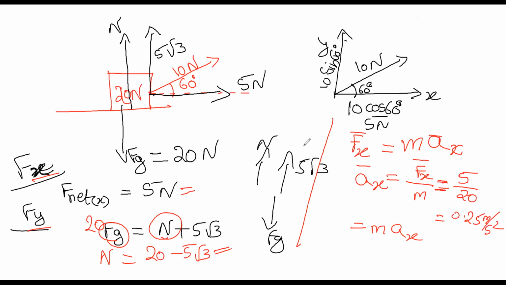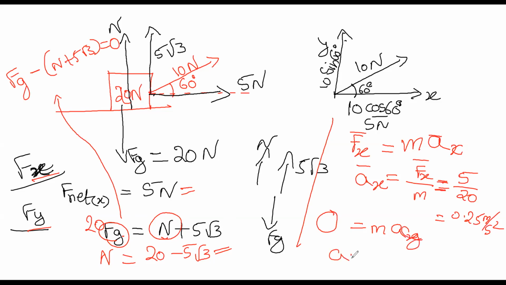You have to add the force due to gravity also. Both are in opposite directions. It is in equilibrium, so it is 0. It is the same as Fg minus (N plus 5√3) equals 0. Means the net force is 0. When net force is 0, acceleration in y is 0.